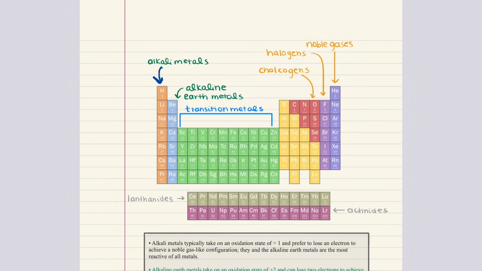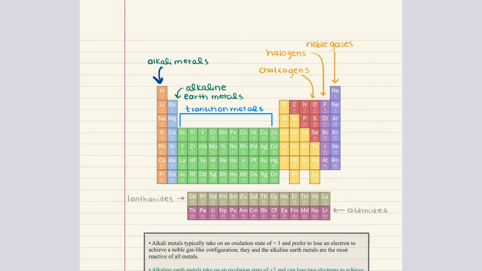Now, they, along with the alkaline earth metals, are the most reactive of all metals. In addition, the alkali metals, their effective nuclear charge is very low, giving them the largest atomic radii of all the elements in their respective periods.